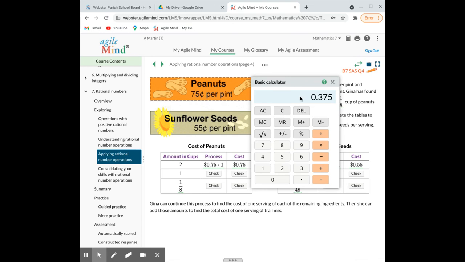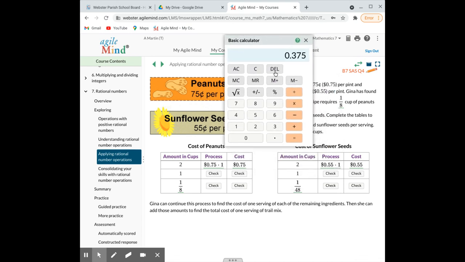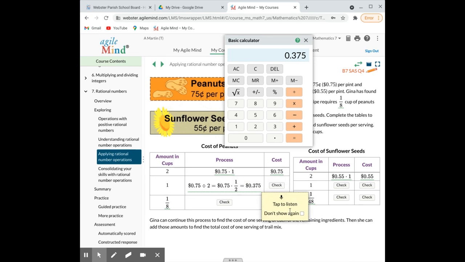Why did you know to divide by 2? Because 2 divided by 2 is what? When we do 2 divided by 2, we get 1. So if we do 75 cents divided by 2, that'll give us the price for 1 cup, right? All right, and you'll notice that we rounded to the nearest hundredth. That's because money is rounded to the nearest hundredth.